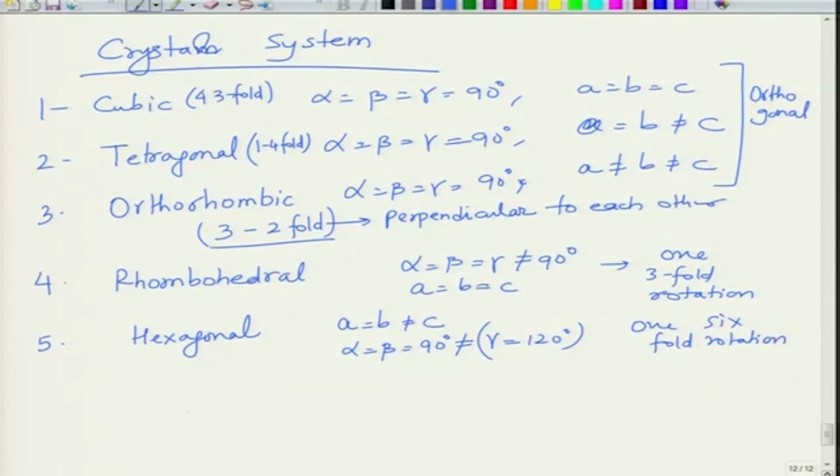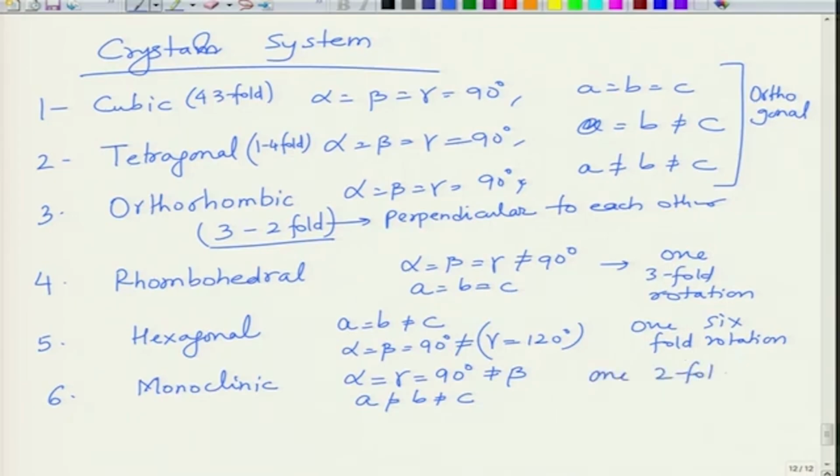And then finally 2 more choices. The sixth one is called monoclinic, for which alpha is equal to gamma is equal to 90 degrees is not equal to beta, and A is not equal to B is not equal to C. It must have 1 2-fold rotation axis.